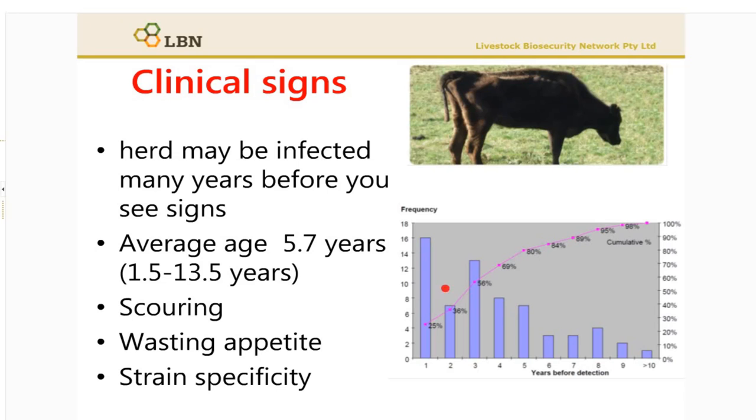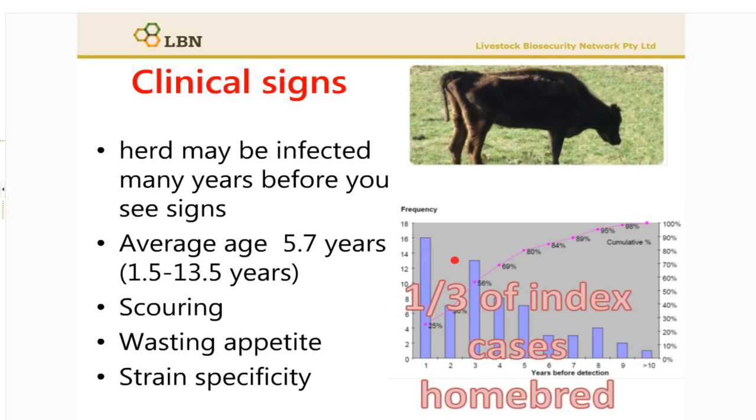But a third of index cases, that's the first case on farm, were homebred, meaning that some animal in the past came in subclinically infected and infected either another subclinical animal or your index case. So it makes it a very difficult disease to regulate.